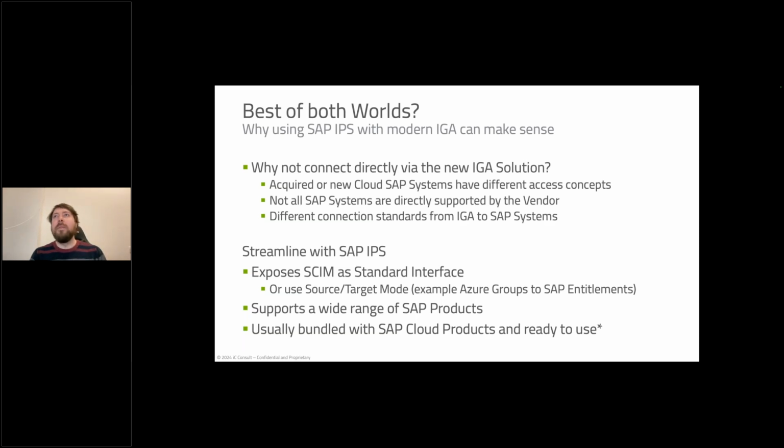Yeah, so acquired or new cloud SAP systems, they have different access concepts. So it can be tricky to handle in that way. You always have different interfaces. Yeah, the same goes for not all SAP systems are maybe directly supported by the vendor.